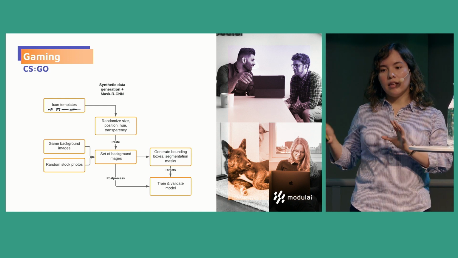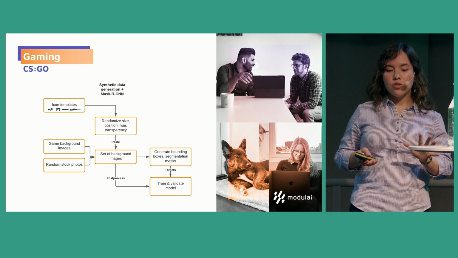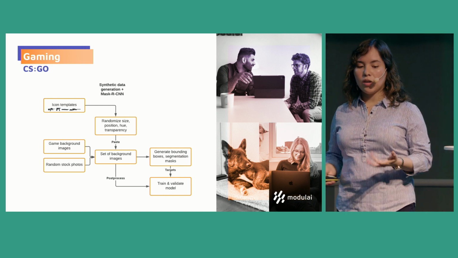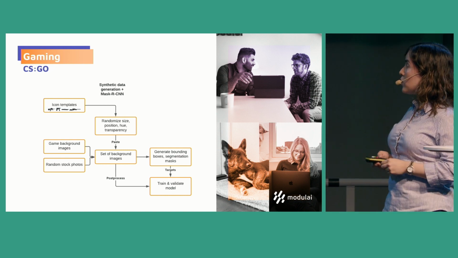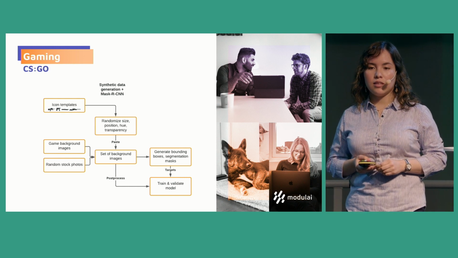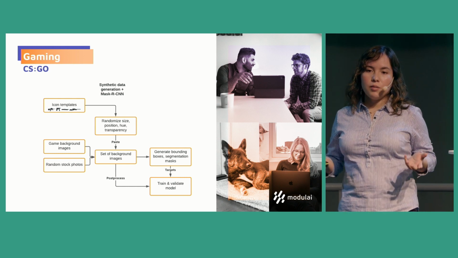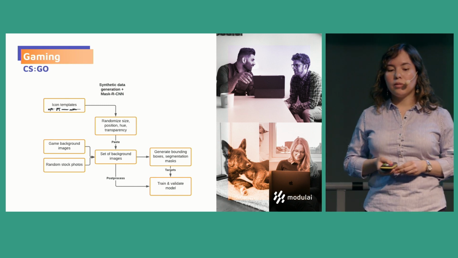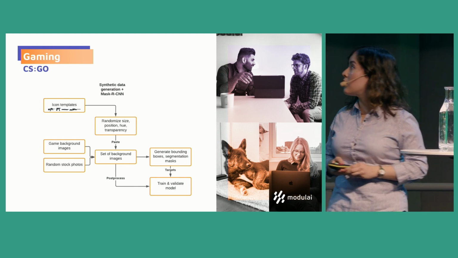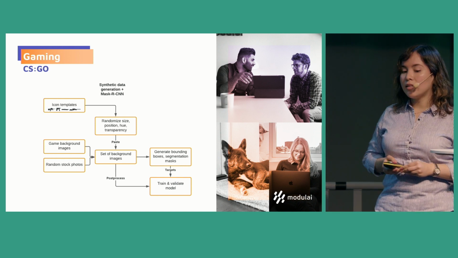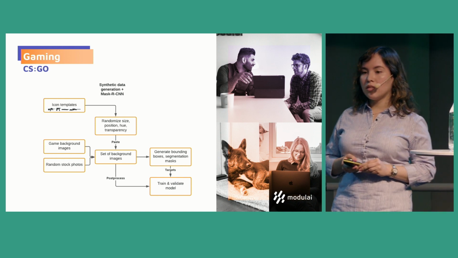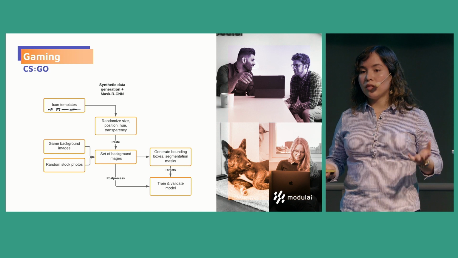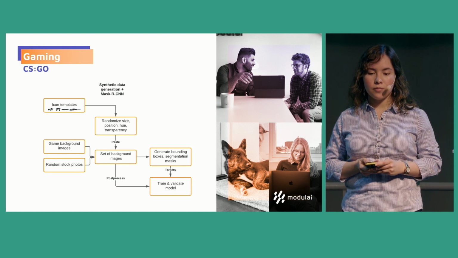And we pasted these icons in different parts of the image. We did some augmentation. And then we used this as our dataset. Since we know the localization and where we put the icons, we can create our segmentation masks and bounding boxes and use that as our target.